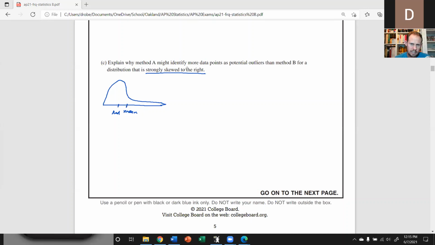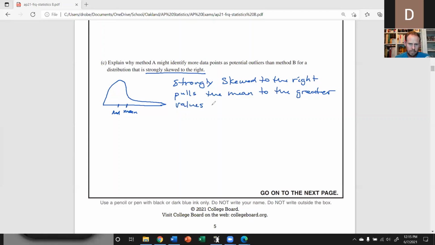So let's just try and say something like this. So strongly skewed to the right pulls the mean to the greater values while the median stays in the middle.